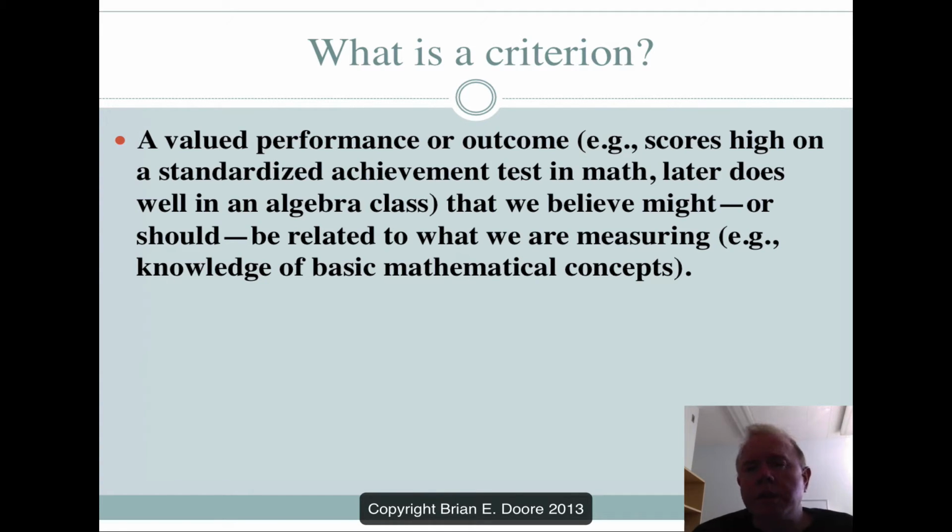So criterion validity is really the extent to which the validity of our assessment is demonstrated by some usually later performance by a child or by an individual that then demonstrates that our earlier assessment was predictive of something that we value as an outcome.